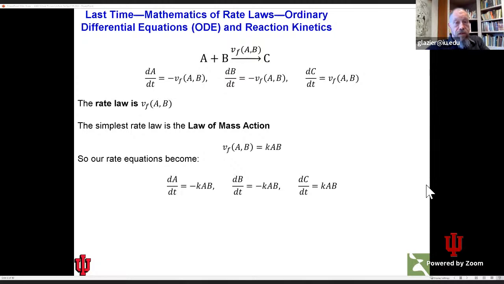I haven't done all of the analysis here, but in the specific example, if I had A plus A going to C, that is 2 molecules of A combining to C, then I would have K times A, I'd have K A squared. And so typically, stoichiometry, the number of times each molecule has to combine, shows up in a rate law as the power of the concentration.